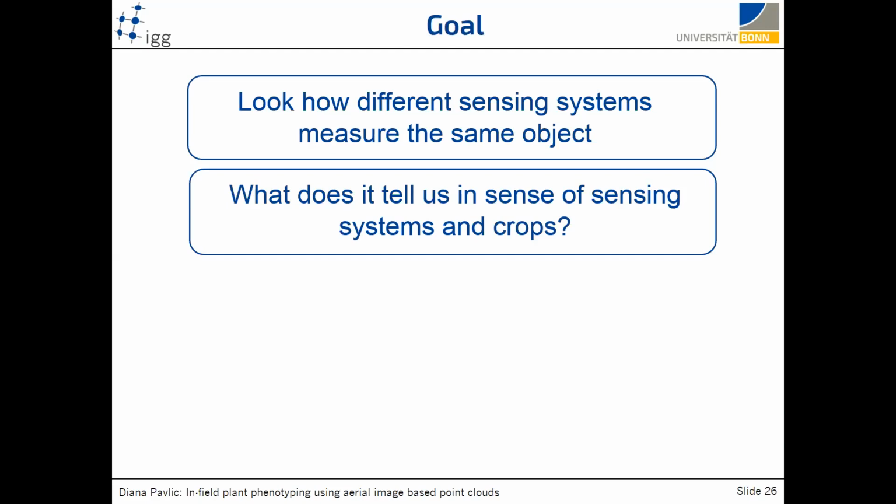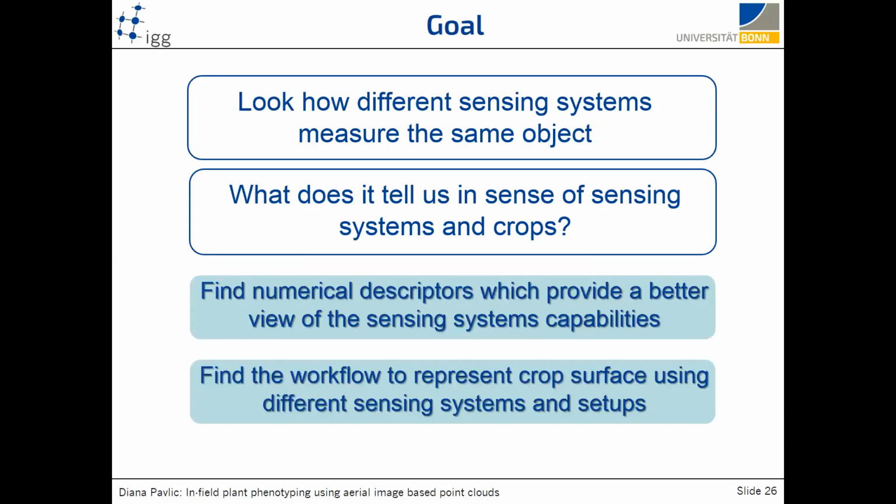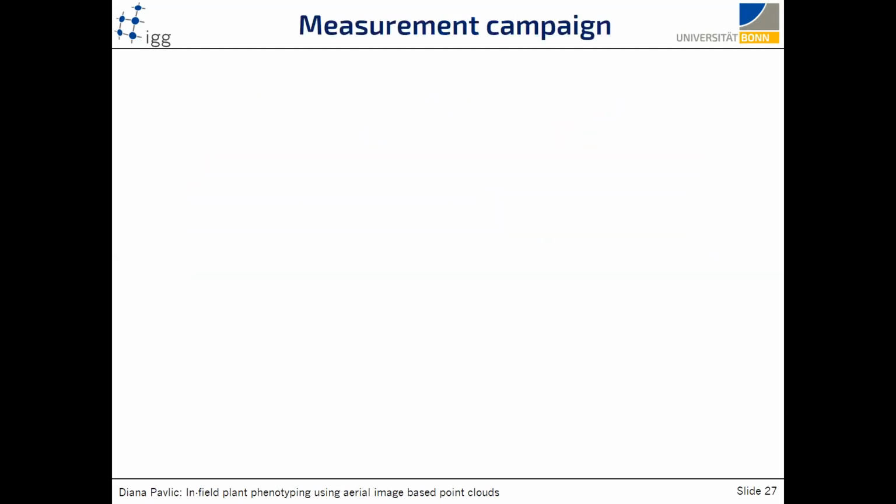Our goal here is to look at how different sensing systems measure the same object. What does it tell us in the sense of the sensing system and the crop we observe? We want to find numerical descriptors which provide a better view of the sensing system capabilities, and we want to find a workflow to represent the crop surface using different sensing systems and setups.